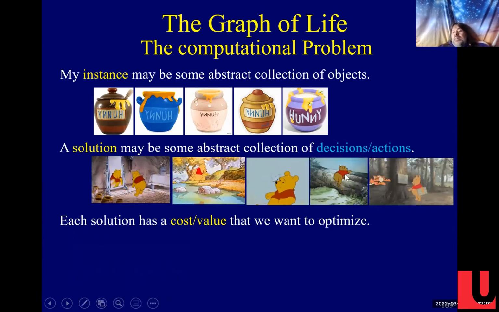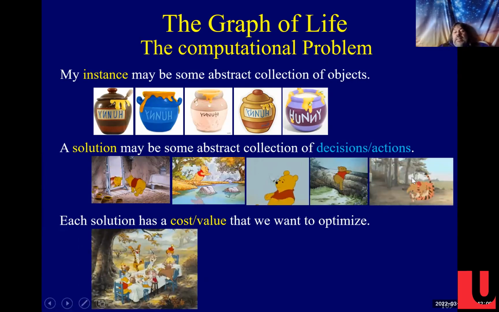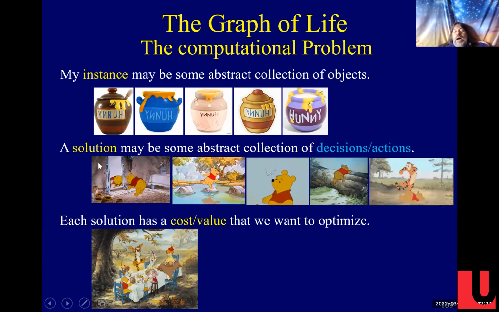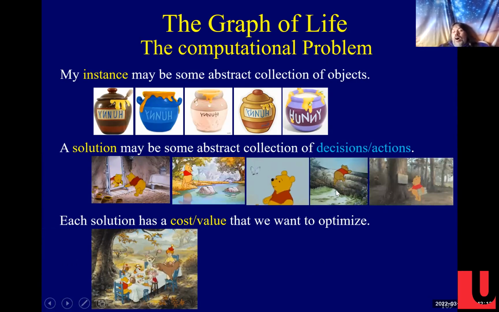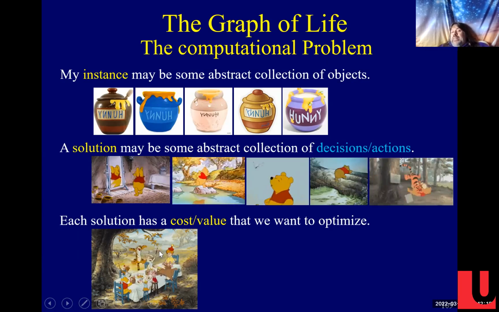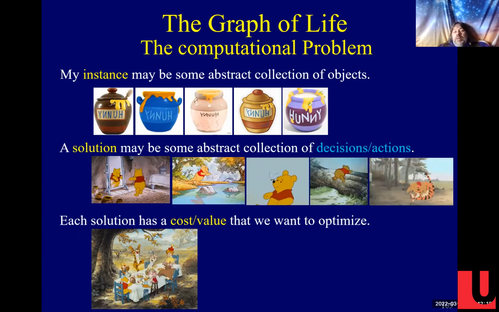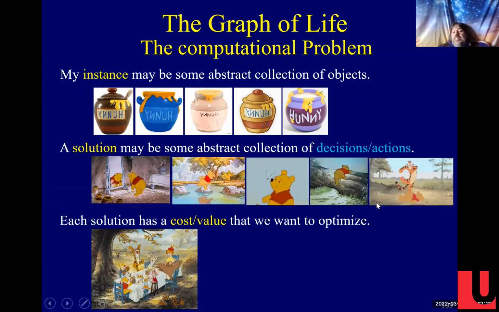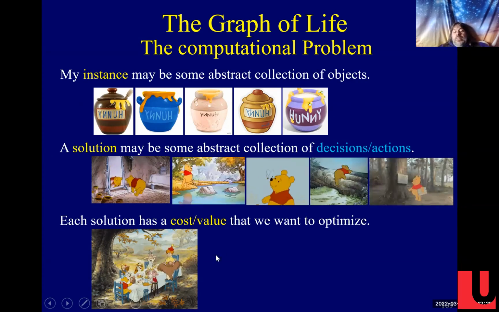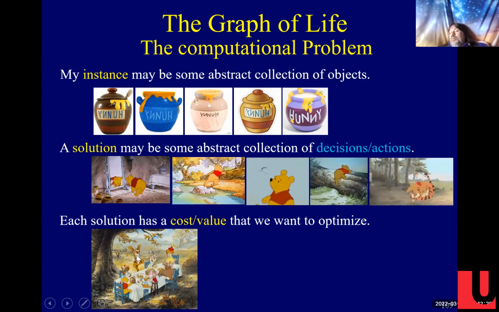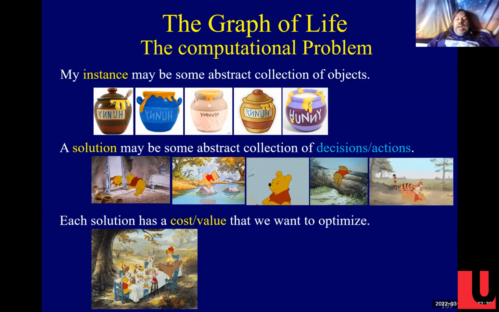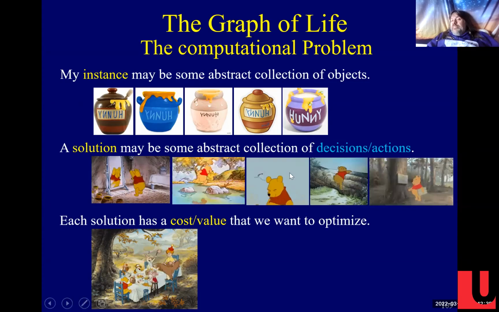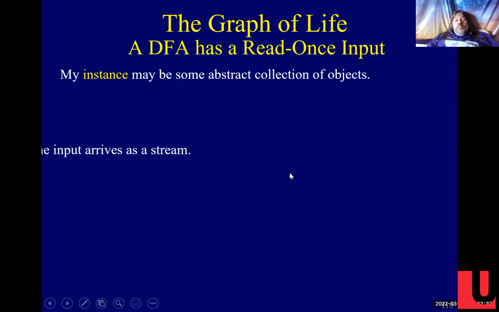In these ones, he's deciding to exercise, and so he has a positive outcome, right? So what is the solution? It's the decision about all your objects, just like we did with greedy algorithms. And then once you have all of these decisions, you have the full solution. You can talk about how good of a solution that was. Is it valuable? Is it costly? And our goal is to find the optimal solution, right?